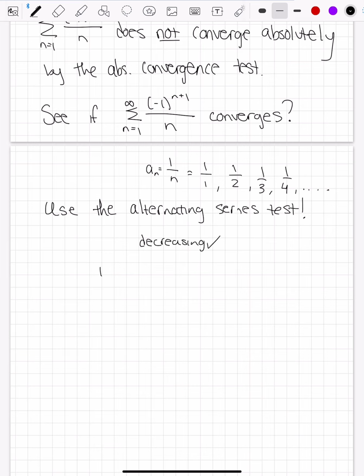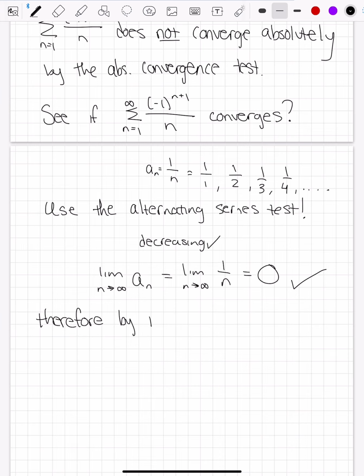Now we need to check, does the limit as n approaches infinity of a_n, that's the limit as n approaches infinity of 1 over n, and we know that that equals 0, right? And that fits our, sorry, not the absolute convergence, I'm so sorry.